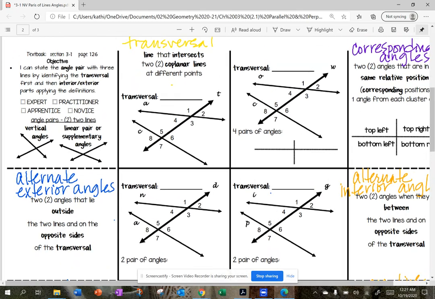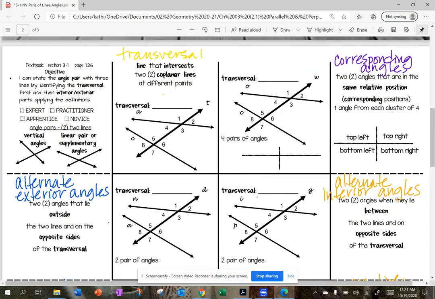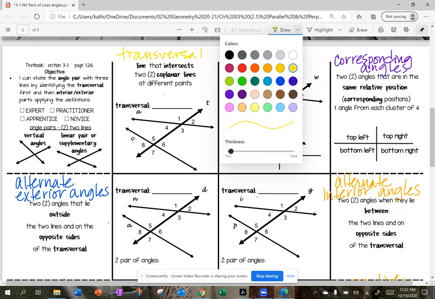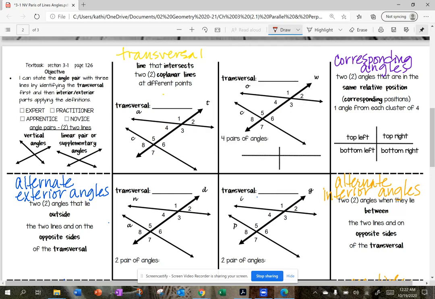I just want to remember that in the previous unit, we talked about some angle pairs that we will use all year. Vertical angles are angles that are across from each other and are congruent. When I have 2 lines, I have 2 pairs of vertical angles.